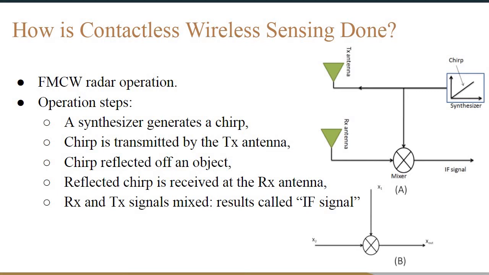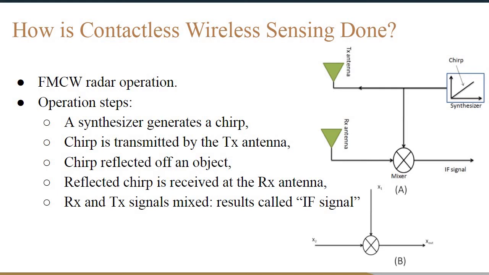The operation steps for this FMCW radar system are as follows. The synthesizer generates a chirp. Then the chirp is transmitted by the transmit antenna TX. The chirp is reflected off the object being observed.